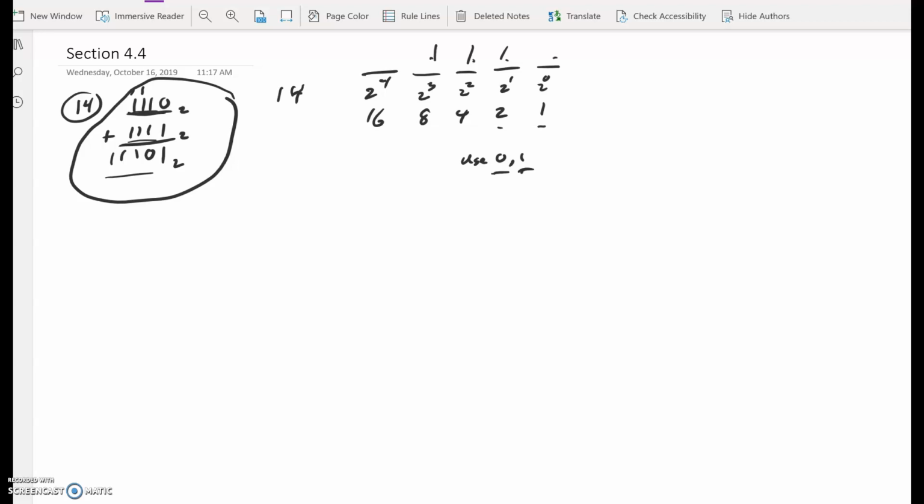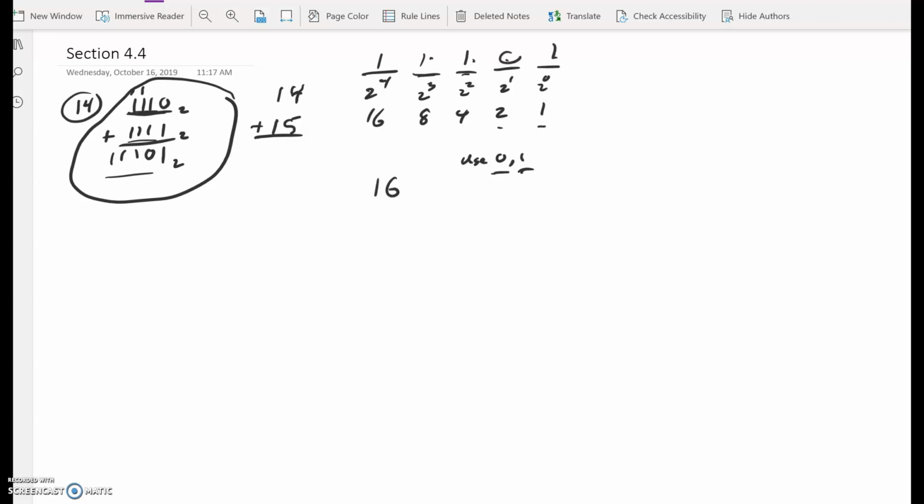What about this number, 1, 1, 1, 1 in base 2? Well, it's an 8, a 4, a 2, and a 1. That's going to be 15. And we know that when we add those, we get 29, but the question is, does this answer number equal 29?